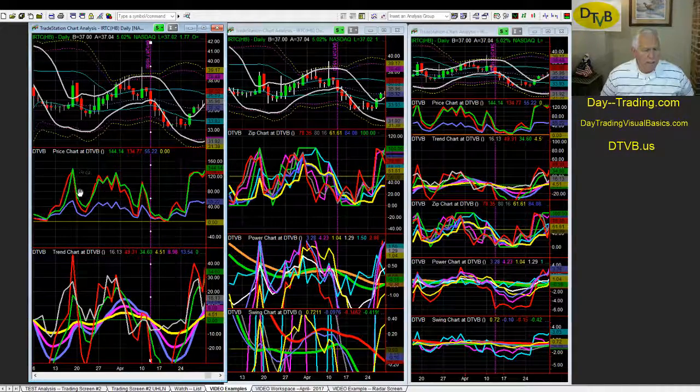If you're looking just in your price charts, you can see your high peak over here, and you can see you had some actually divergent situation here. The candles themselves were going up, and the price lines were peaking, having a tendency to go down.